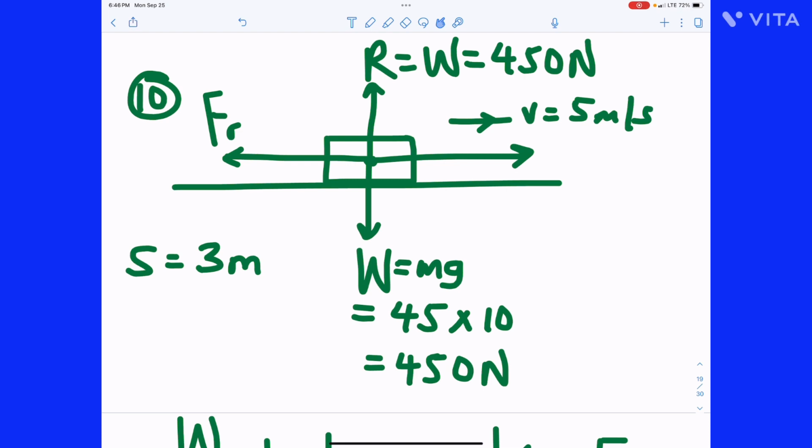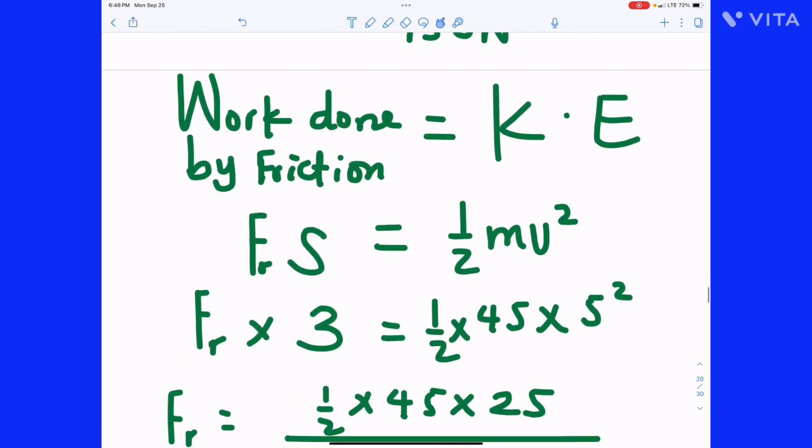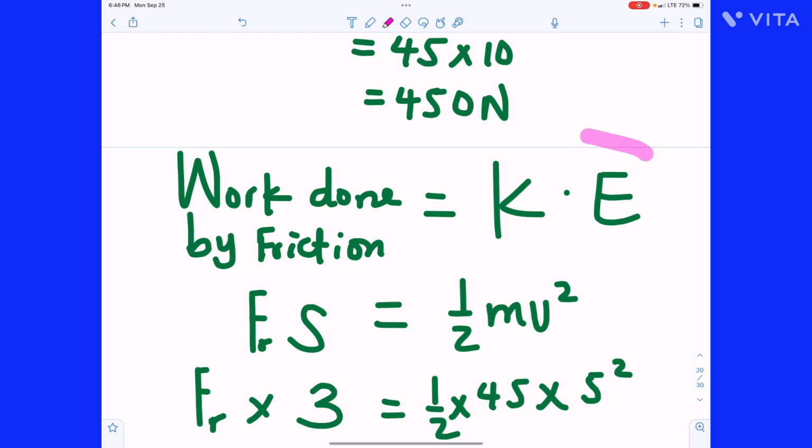What you have to realize is that when a box is slid on a rough floor, it is given an energy called kinetic energy. It immediately possesses kinetic energy because it is moving with velocity and it has mass.